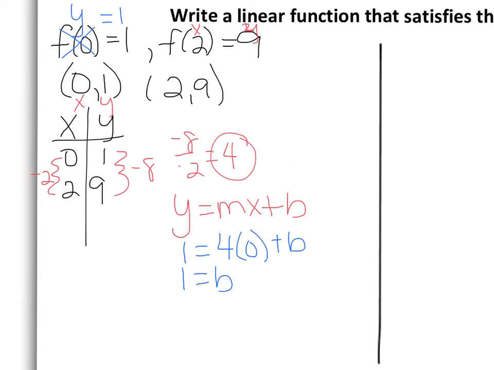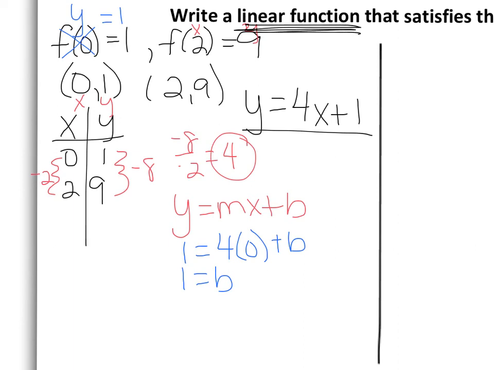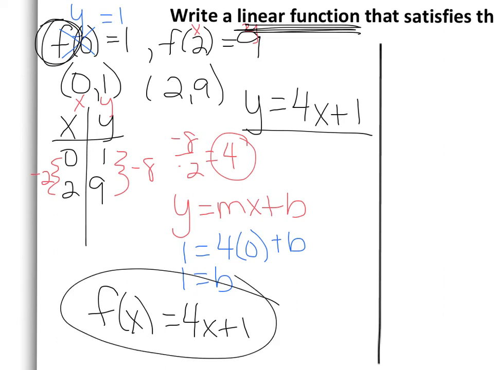Now, yesterday, we would say that the equation of my line is y equals 4x plus 1. But I want a linear function. The only thing you need to do different, since I'm talking about function f, I'm going to say f of x equals 4x plus 1. We're just going to replace y with the name of my function.